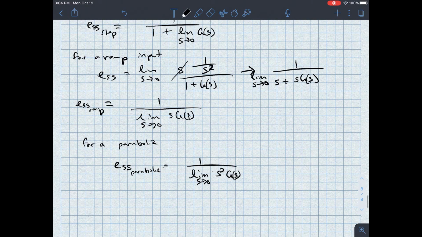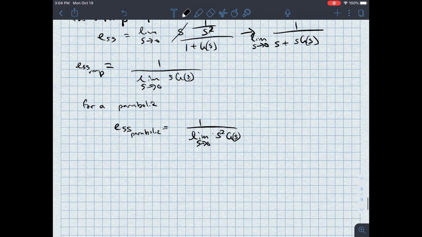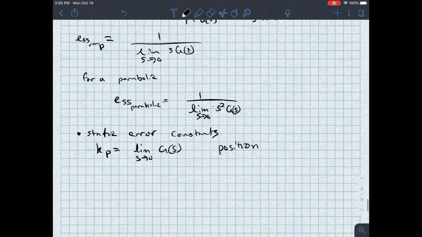Now, what I notice is that each of these have specific denominator terms, and these terms are called the static error constants. Let's refer to Kp as the limit as s approaches 0 of g of s, and this is what's called the position error constant.